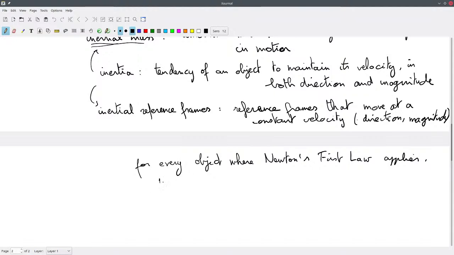we can find an inertial reference frame where that object is at rest.